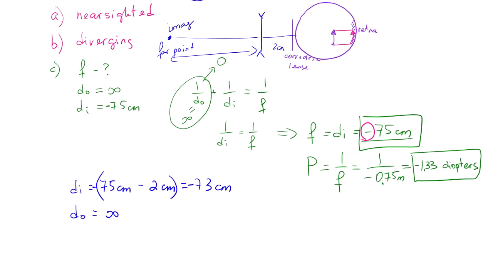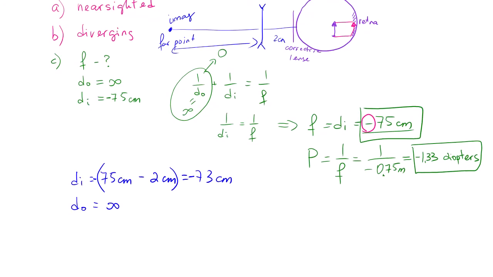If we do a similar analysis, we get the focal length of the ordinary glass lens equals again DI, which equals negative 73 centimeters, and the power in diopters will be 1 over negative 0.73 meters, which gives us a value of negative 1.37 diopters.